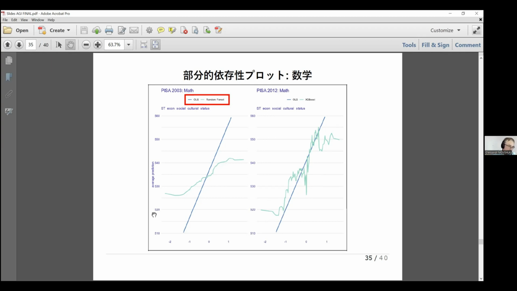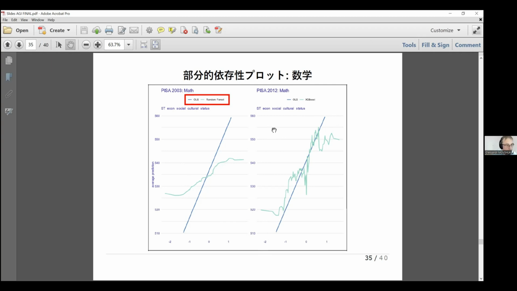But it's not linear. Definitely, it's not linear, and the gap between expected effect is getting larger. For example, in 2003, it was between 510 and 540, so something like 30 points, or 1/3 of standard error, whereas the gap became larger in 2012, between 520 and 555.